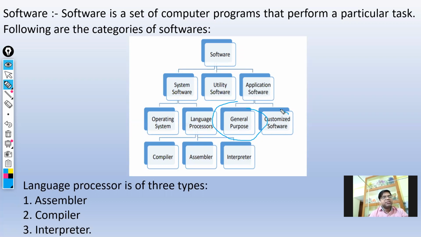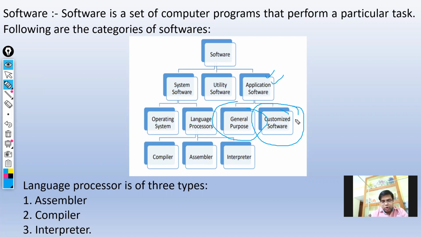Next one is your customized software. Customized software is the second part of application software. Customized softwares are the softwares that perform a particular task, like accounting management software can do only your accounting work.